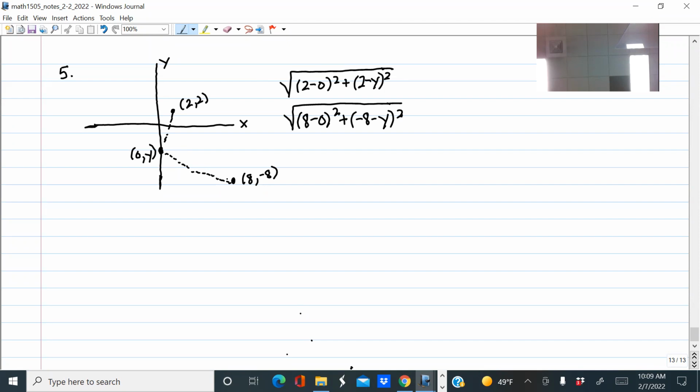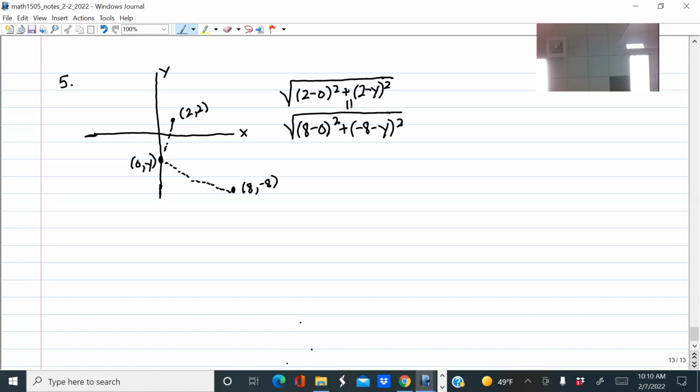And we want those 2 distances to be the same. So we simply equate those 2 expressions. So there's your equation. You're going to have this square root equal to this square root. I have the equation written vertically instead of horizontally, but it's still an equation. Those 2 expressions are equal.